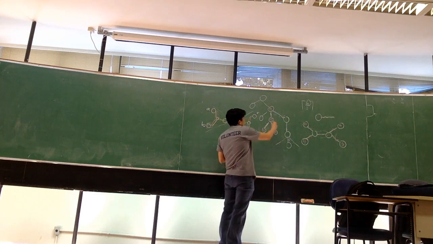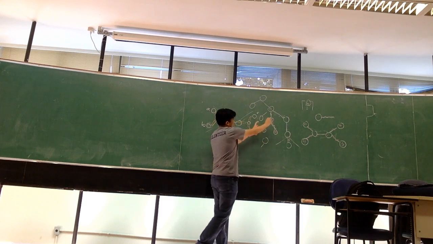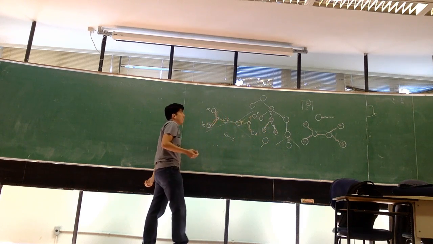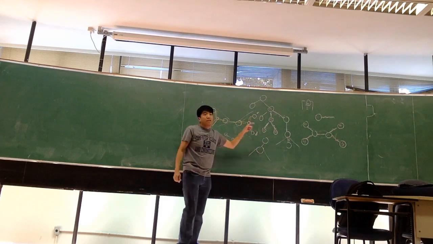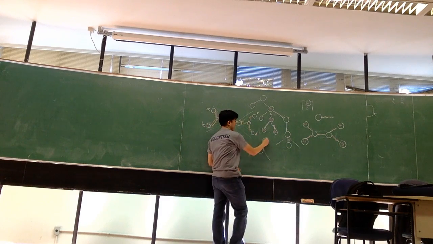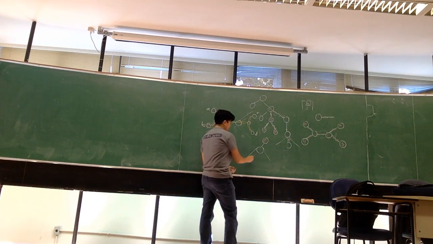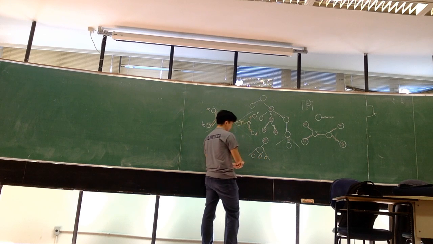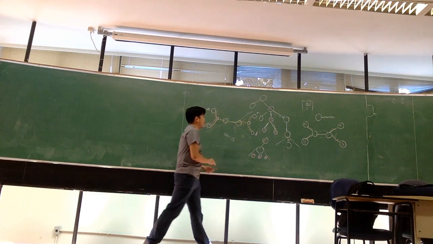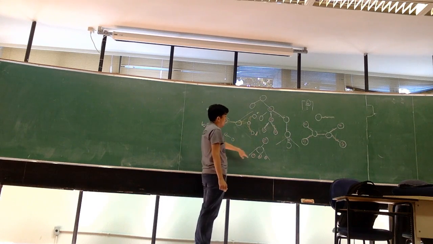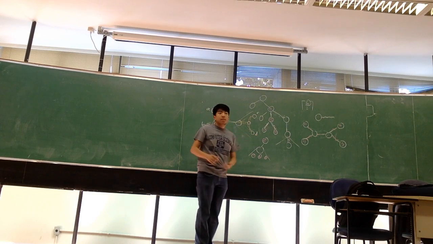So this guy is a leaf when all other vertices of the subset lie in the subtree of a child of this guy. So if something like this happens, then this guy is also a leaf. And you have to take this case into account as well.